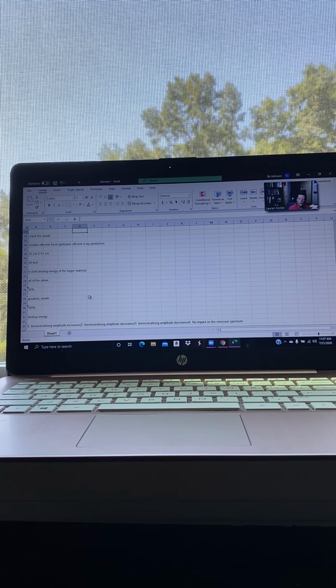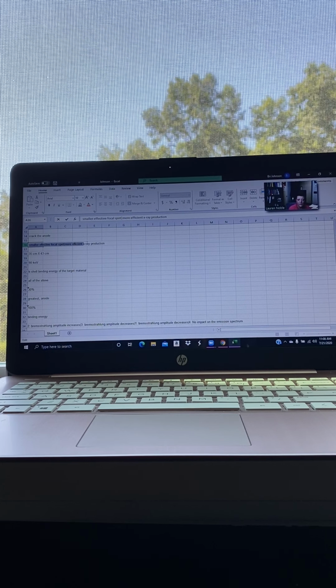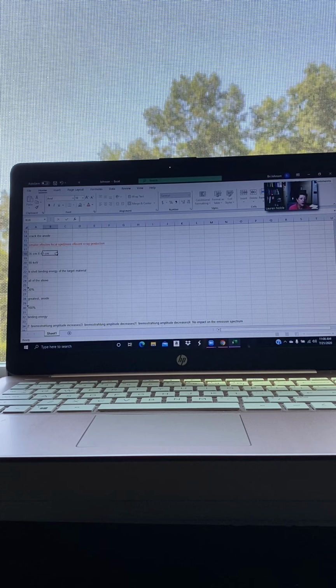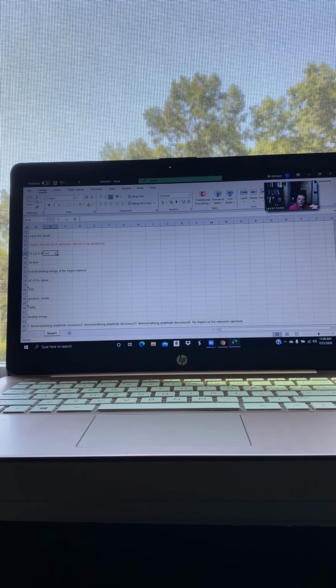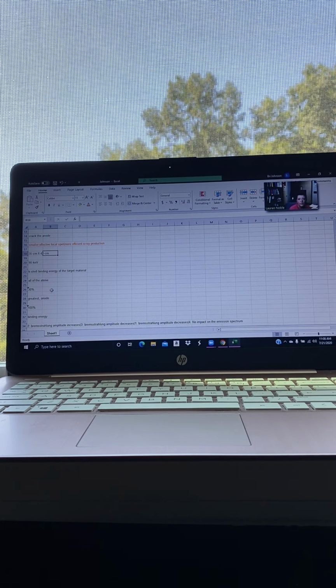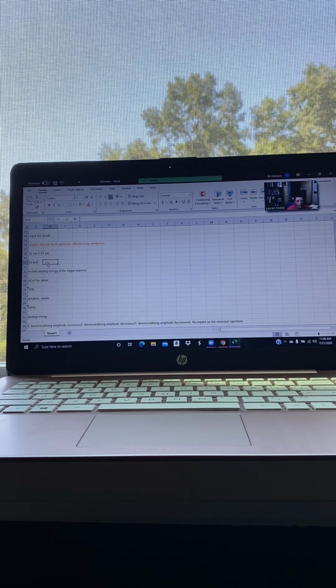So larger area for heat dissipation, and a smaller effective focal spot. It doesn't have anything to do with X-ray production efficiency. Okay, the fact that the anode's angle doesn't come into play with efficiency of X-ray production. Okay.